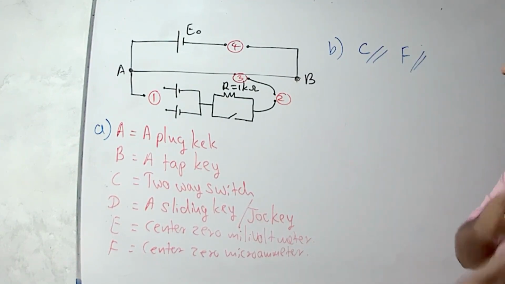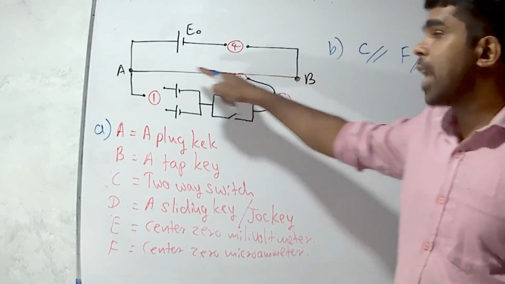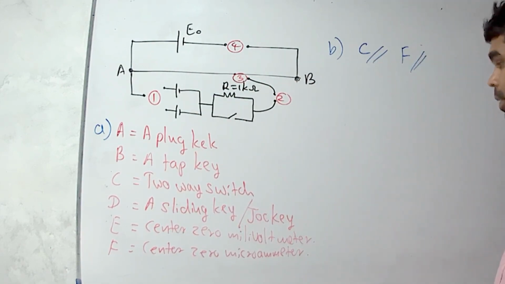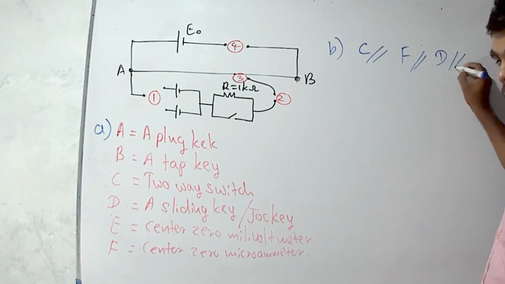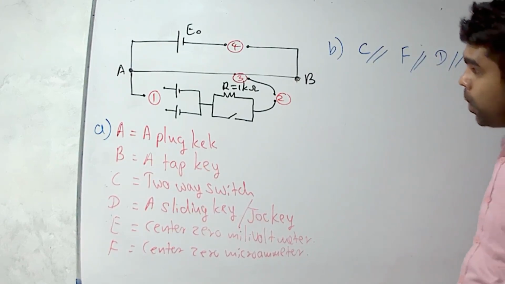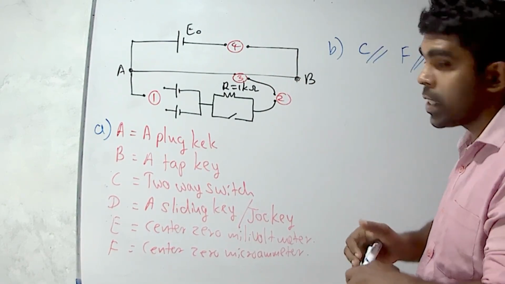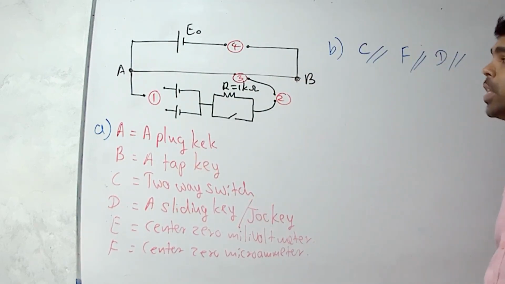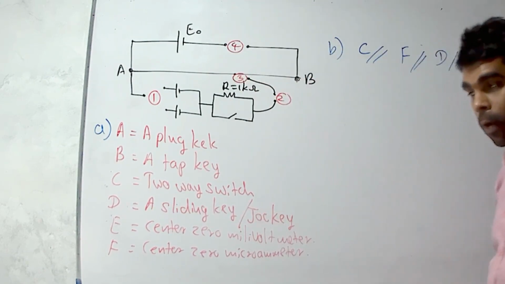Then the third space is this one. We are connecting the sliding key to the third space. The sliding key is D. Then space 4 is this one. It is in series with the main circuit. We have to connect a switch to turn off the circuit for space 4.